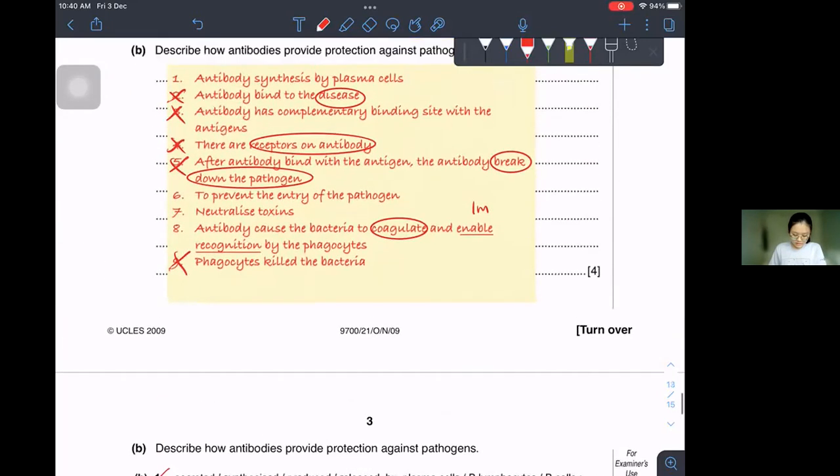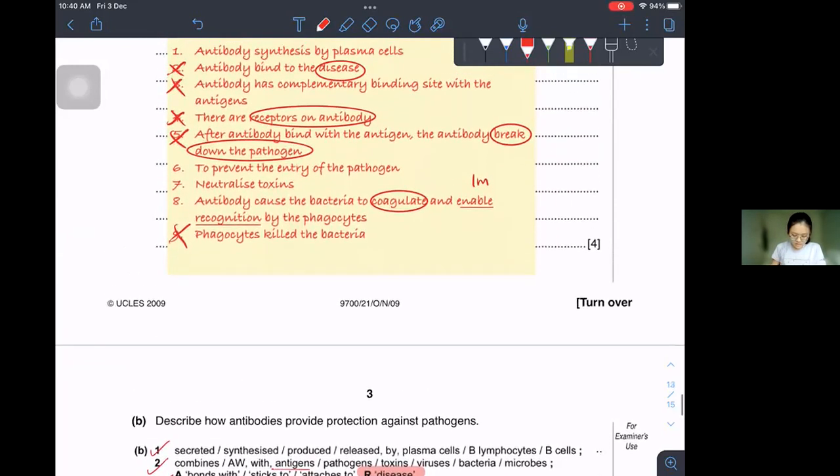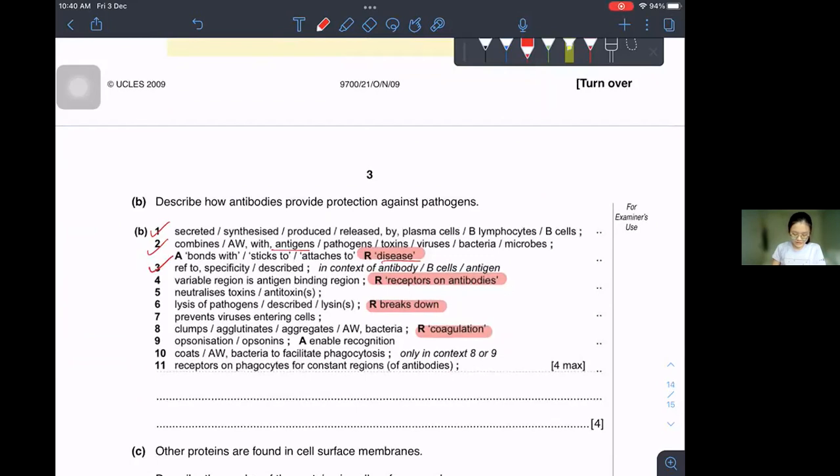And now the point that antibody has complementary binding sites with the antigens is actually not stated in the mark scheme. And for point number 4, there are receptors on antibody. So it's actually the variable regions, the antigen binding regions, and receptors of antibodies is actually rejected.